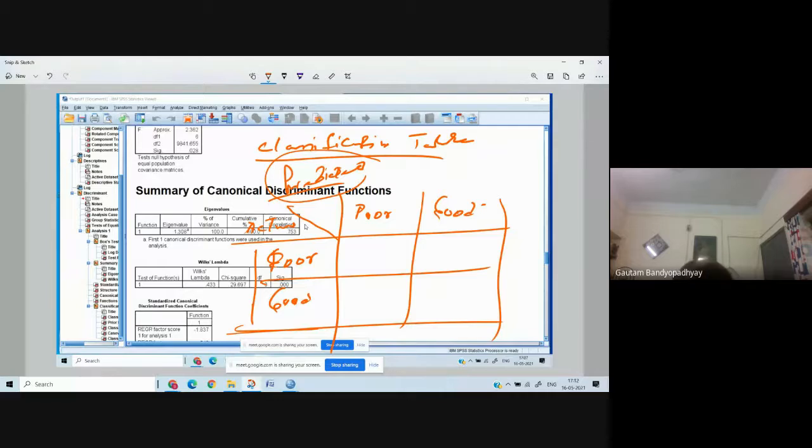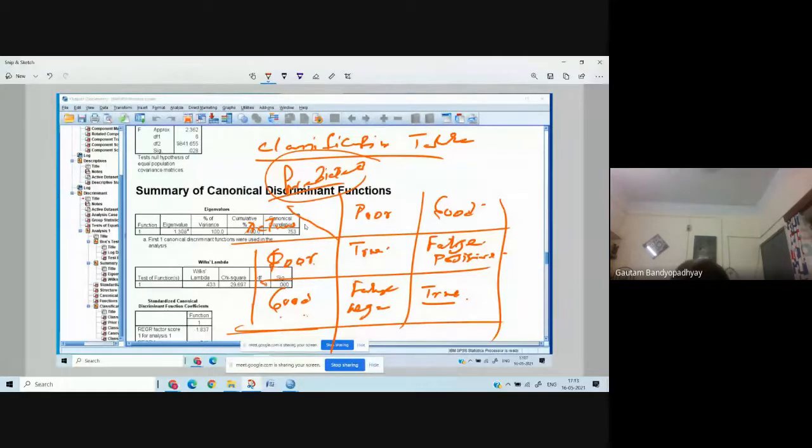If there is a match between poor and poor, that is the true matching, the correctly matched. Same for good and good. But if a poor is converted into good, that is called a false positive, and the other way a false negative.